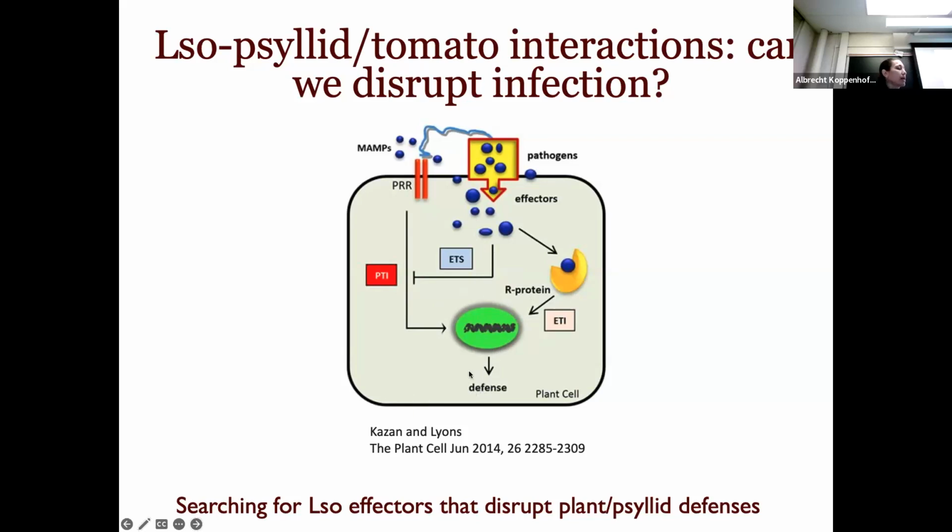Because defense is an arms race, the host can also evolve mechanisms to detect those effectors and stop them. So it's a constant battle. But we're interested to know what are the effectors that Liberibacter produces.